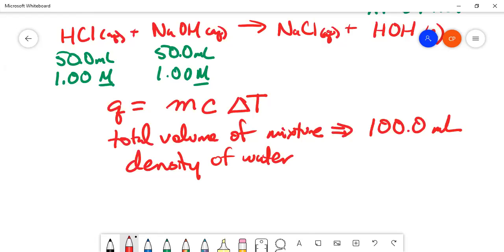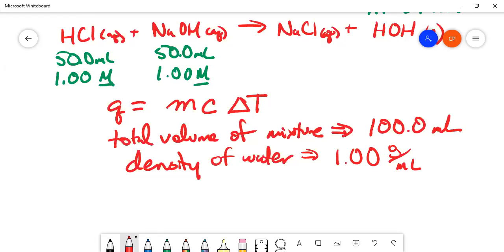Anybody know the density of water? It turns out that the density of water is a constant. It's something that we can use over and over again, and it is the reference point for all other densities. To 3 significant figures, it is exactly 1 gram per milliliter.